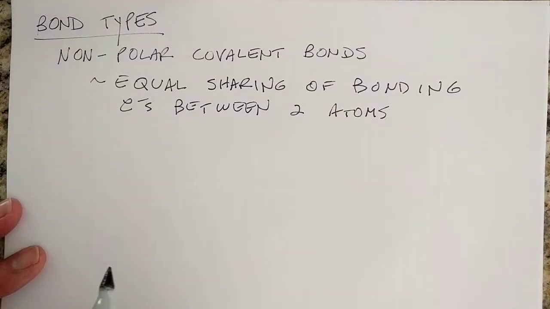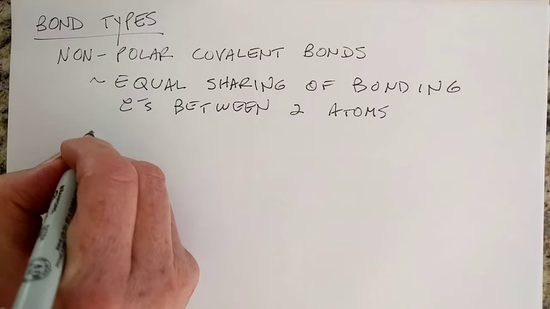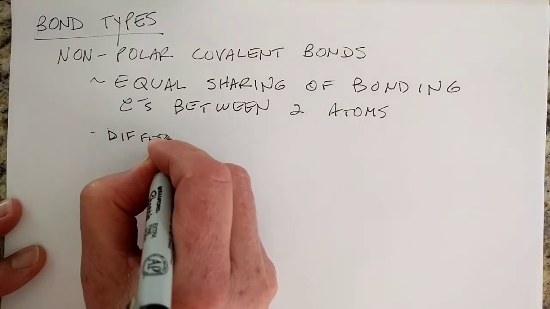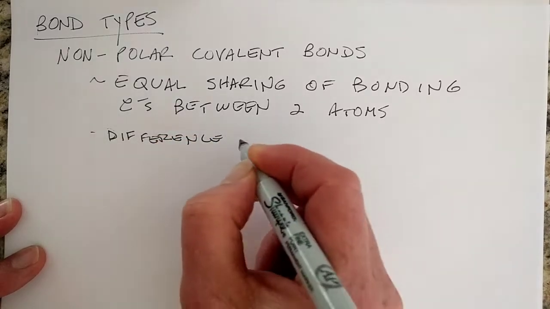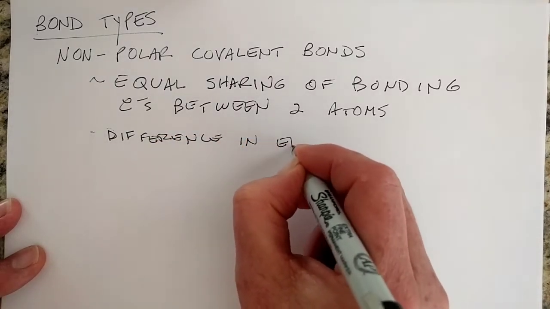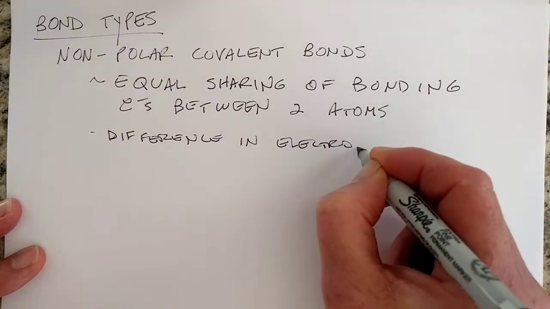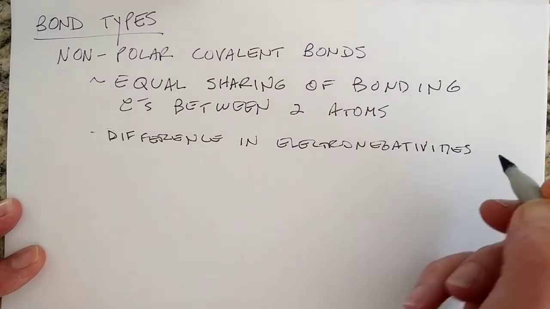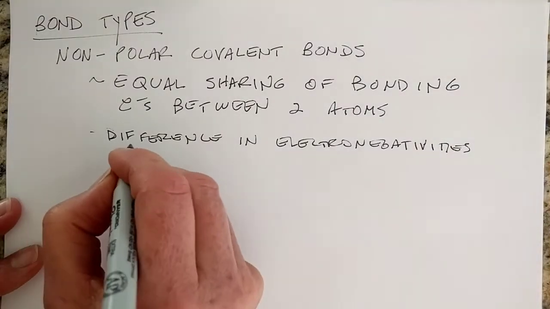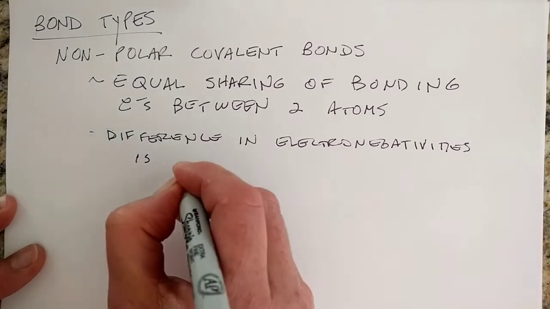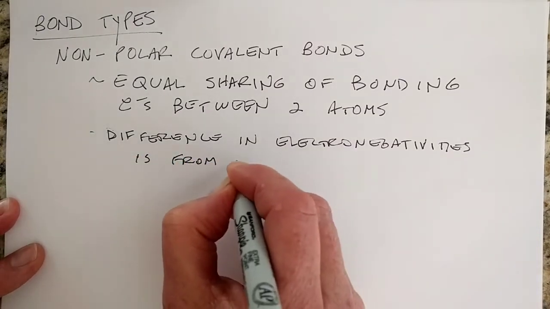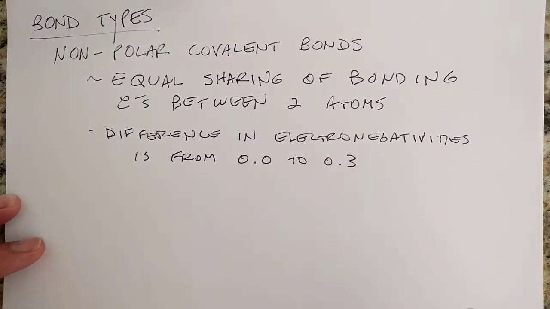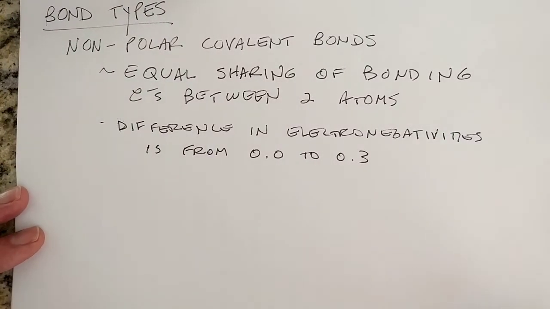So for a nonpolar covalent bond, it means that the difference in electronegativities between the two atoms is from 0.0 to 0.3. And we'll do examples of that so you can understand what that means.